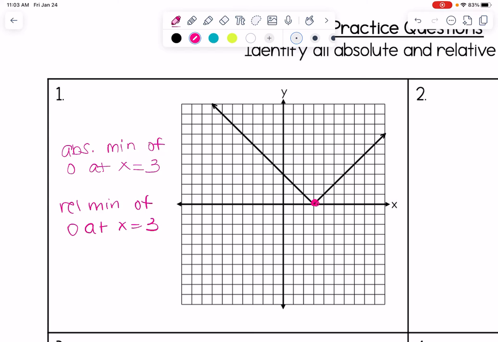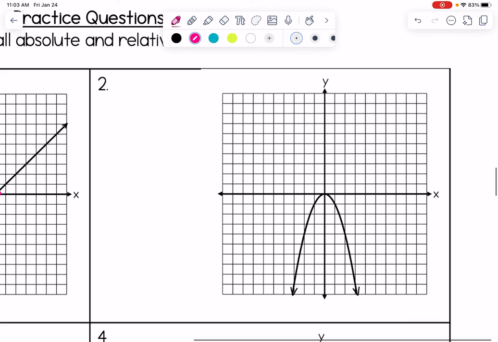Okay, let's take a look at number 2. If we take a look at number 2, we have a parabola here. We have a quadratic function. We could see at that point here that the derivative is 0, and that's what creates that maximum value. So an absolute max of 0 occurs at x equals 0 for this graph.